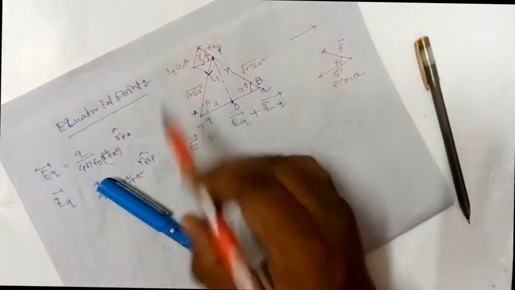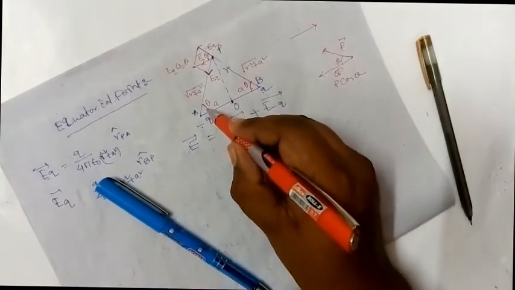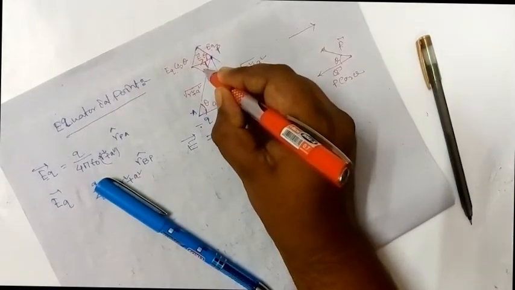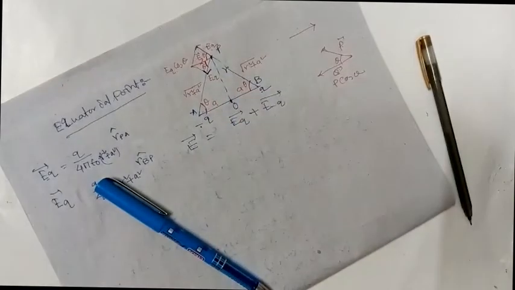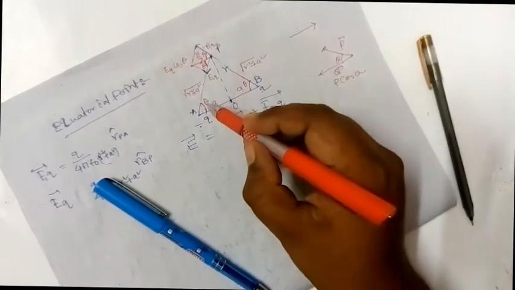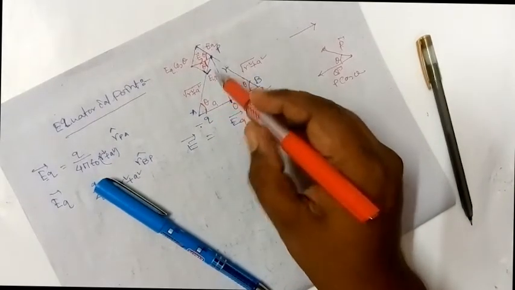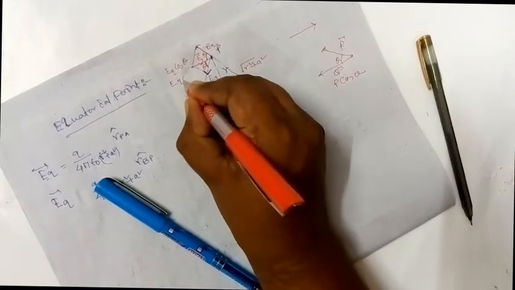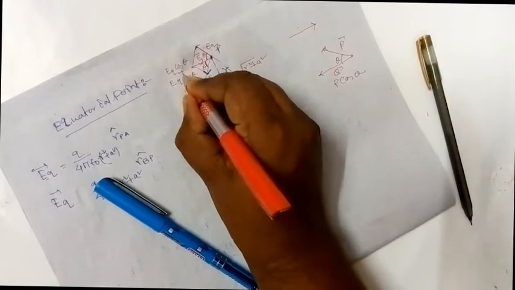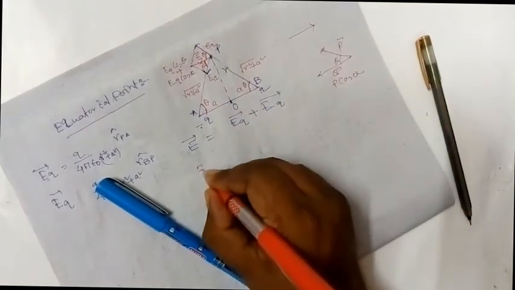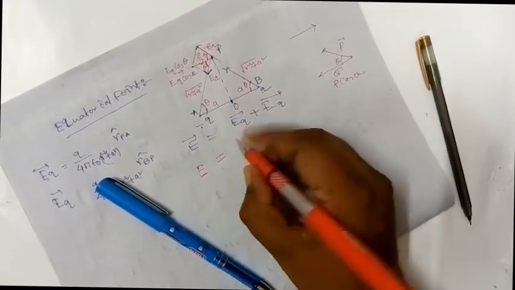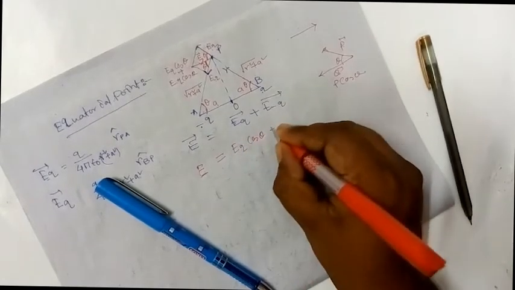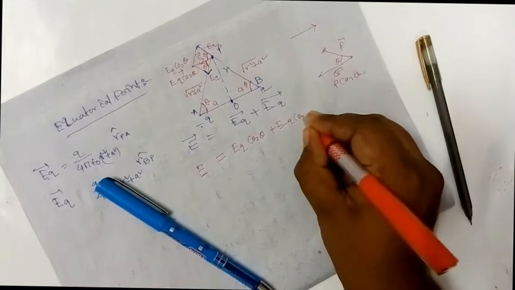Here also it is E_Q cos theta. Similarly, this angle is also theta, so the component of E minus Q acting along E is also E minus Q cos theta. So we can say the magnitude of E is equal to E plus Q cos theta plus E minus Q cos theta.